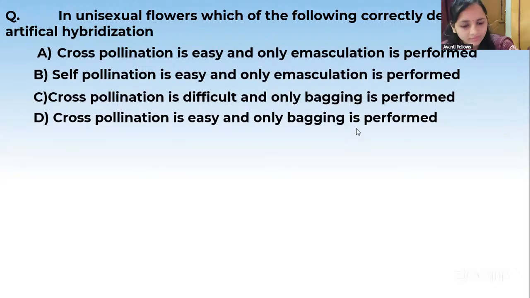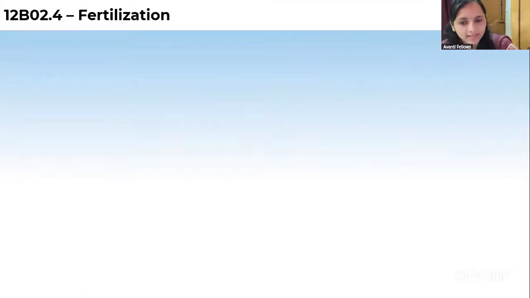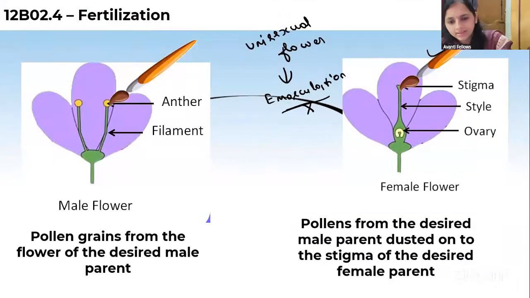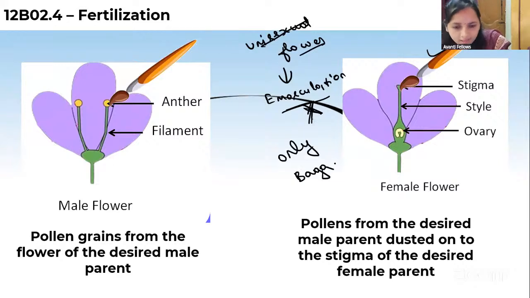Go through the last slide, what I told you here. Guys, in the unisexual flower, the emasculation is not performed, right? Only bagging will be done. Why no emasculation? Because both anther and stigma, or both androecium and gynoecium, are in different plants.